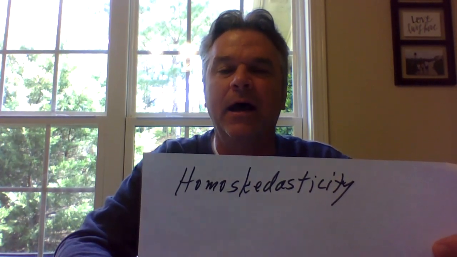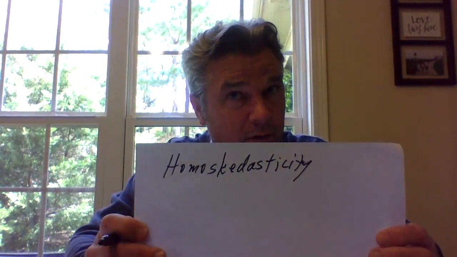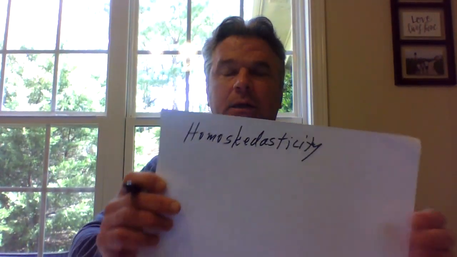But homoskedasticity. What it is, so this is an assumption of OLS. Homoskedasticity. And what it is roughly, remember in statistics it's always roughly or generally, is roughly equal error variance across observations, right?